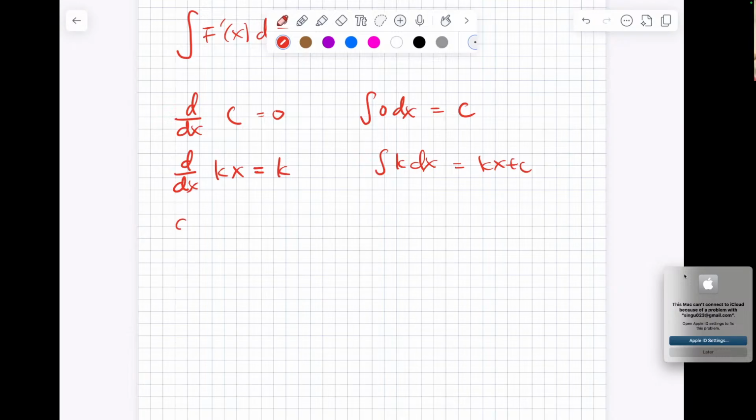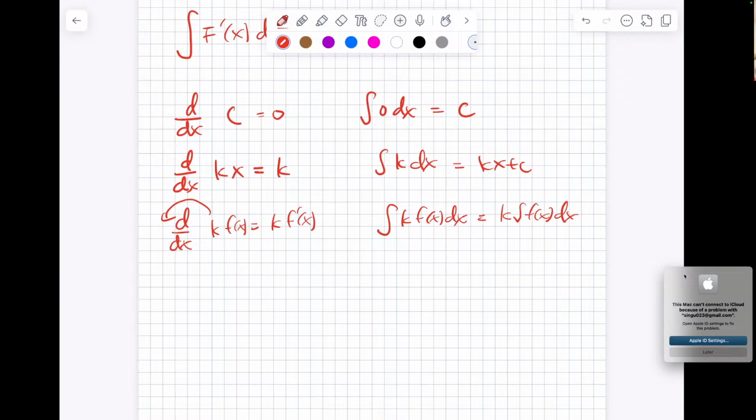How about d/dx of k f of x? Well, the k can be outside, so it's k f prime of x. What's the integration of k f of x? Again, you can take the k outside: k times the integral of f of x dx.